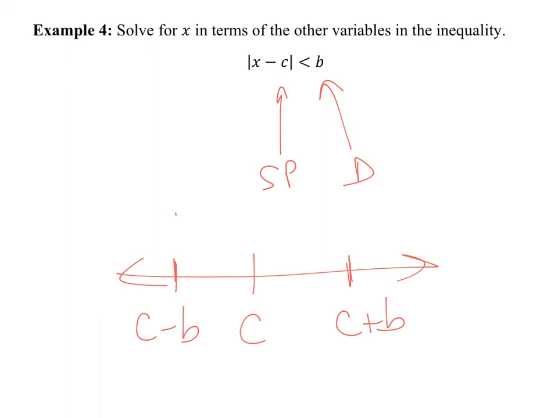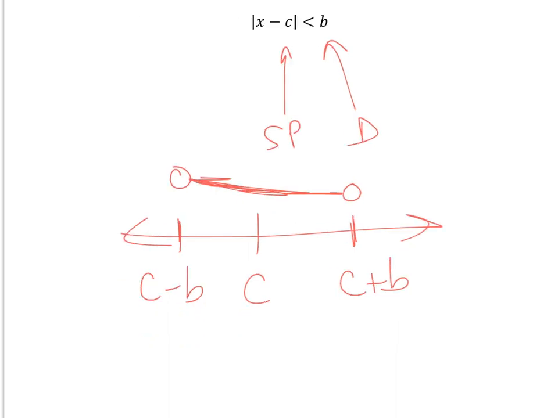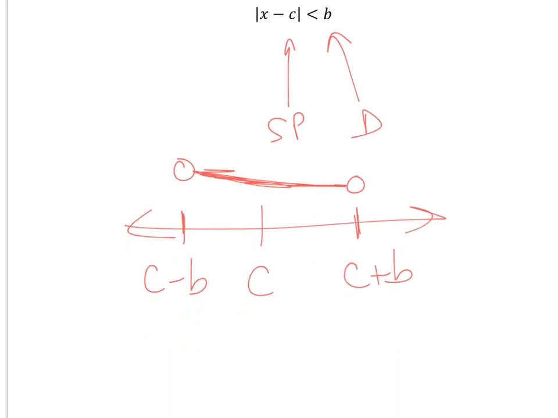Okay, and I know that it's open circle, open circle. It's a less than symbol, which is an and statement. So I'm going to shade in between. And my solution set for this will be C minus B less than X less than C plus B. Okay, so it starts at C minus B, goes through X, all the way to C plus B.